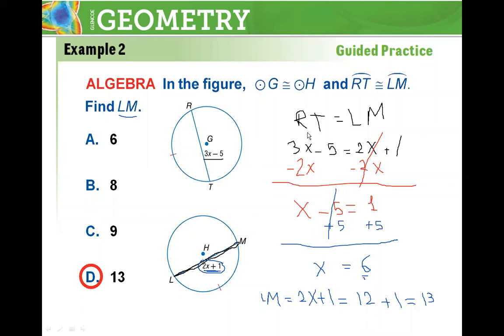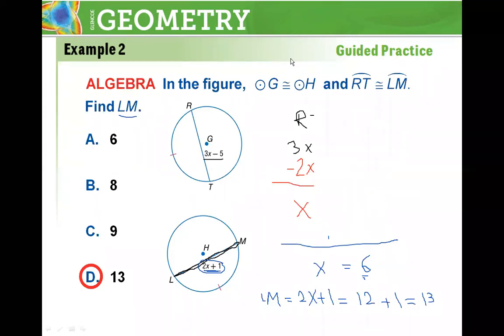Mazen used this theorem and substituted. Abdullah completed the substitution until we found the value of x. The problem here is that we haven't found LM yet. We need to find LM, so we substitute the value of x into the equation of LM, which is 2x plus 1, and we get the value 13. Okay, we have here the answer of this example.